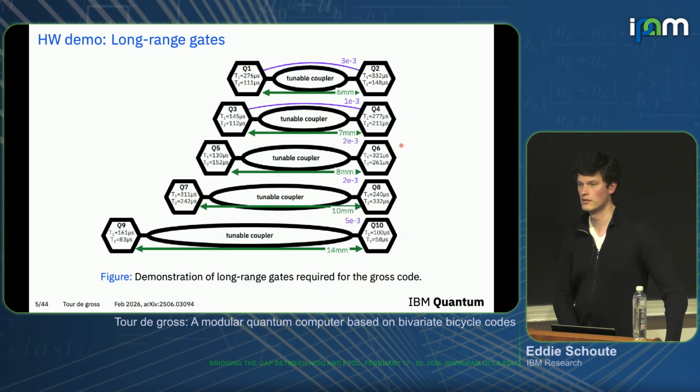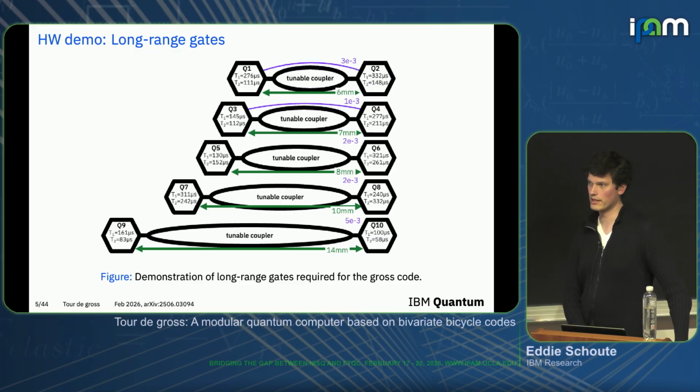Do you have an explanation? Is it an engineering thing? Well, I'm not an experimentalist, so I can't tell you exactly why this behavior was observed. But the main takeaway I would like you to have is that whether we have a short-range connector or a longer-range connector, the gate fidelity is comparable.